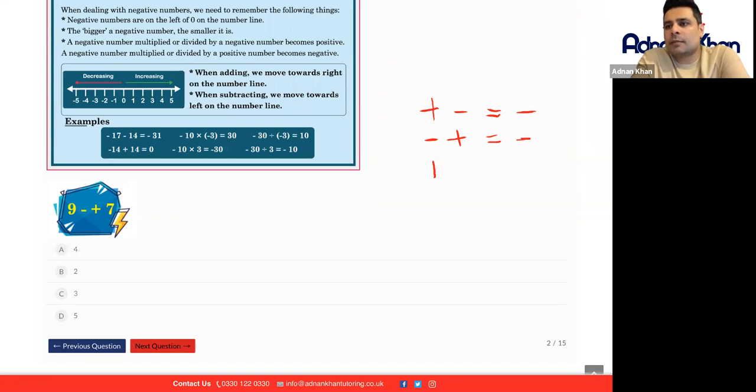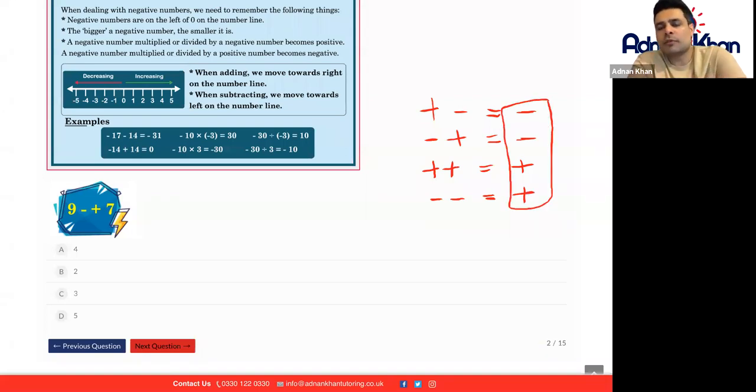If there's a plus and a plus together, it makes a plus. And if there's a minus and a minus together, it also makes a plus. So you need to remember this formula, everybody. I'm sure some of you already know, but this is a good revision exercise. Always remember these formulas, because once these formulas are in your head, then you know exactly what to do with these questions.